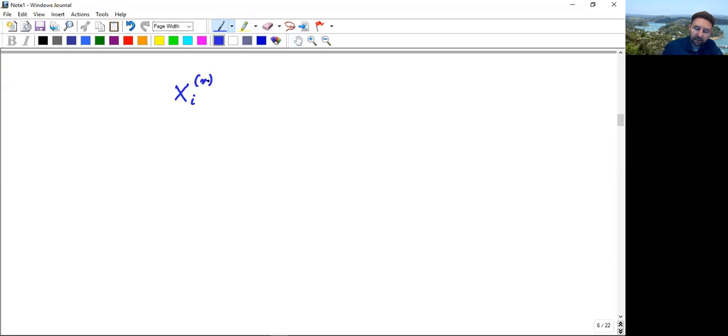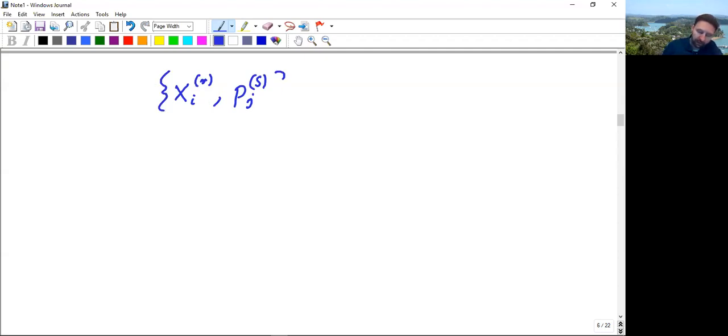And which particle it is, we will write here as a superscript r. So it means it's the rth particle. And this expression here is the ith position variable of the rth particle. And then we take the jth momentum of the sth particle.